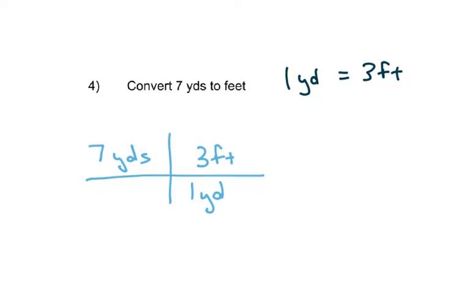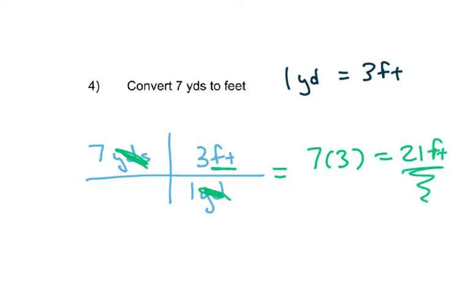Again, you should be answering the question of why I put the yards on the bottom here. And you're seeing it: the answer is that they cancel out. So then we're just left with 7 times 3, which is 21. 21 what? Well, I'm literally dividing out the units, so that I am left with just feet. So 7 yards is equivalent to 21 feet.